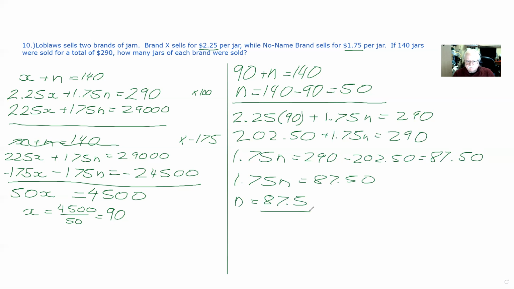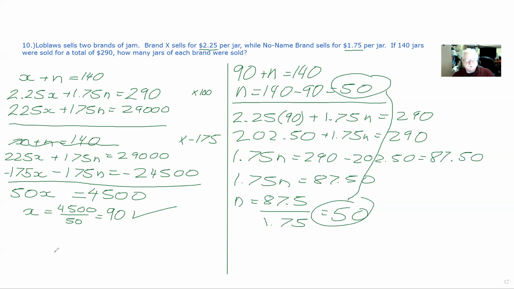We can solve for N. Must be 87.50 divided by 1.75. Amazingly enough, it turns out to be 50 again. So because this equals this, which is what we wanted, we're fairly sure that this is a good answer.